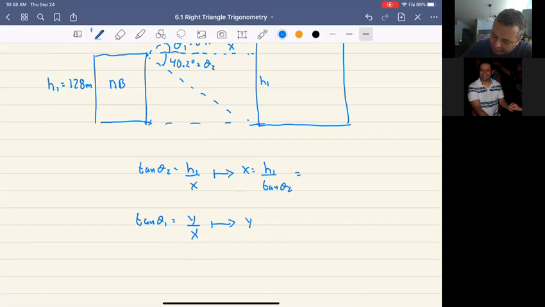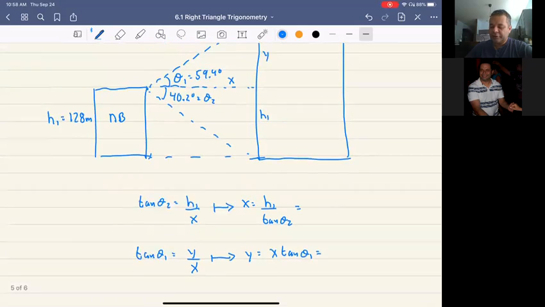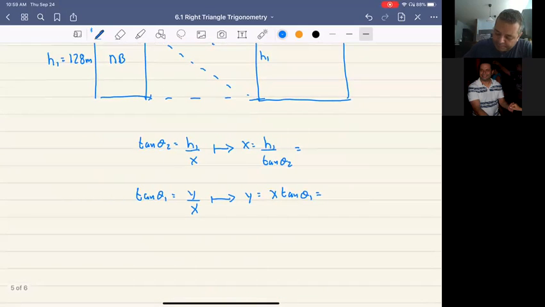So y equals x times tangent of theta 1. Okay, we'll figure that out later. Now, our total height is really h1 plus y. So that's the last thing we're going to need to find.